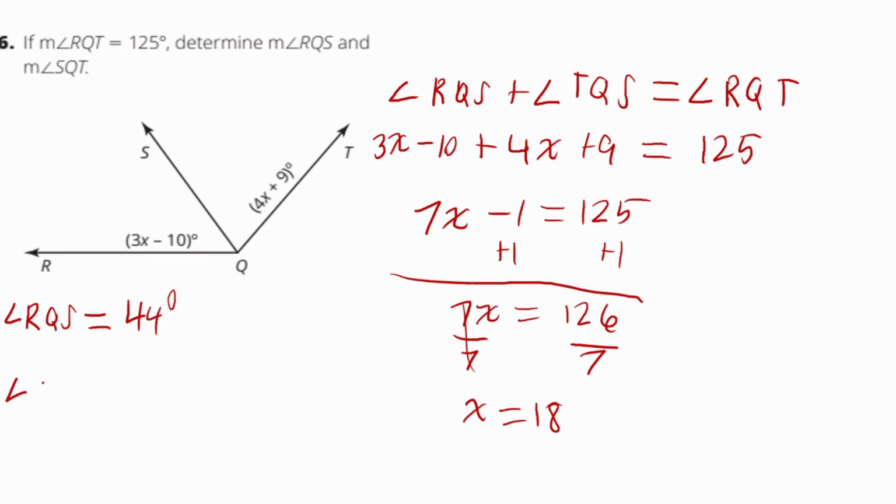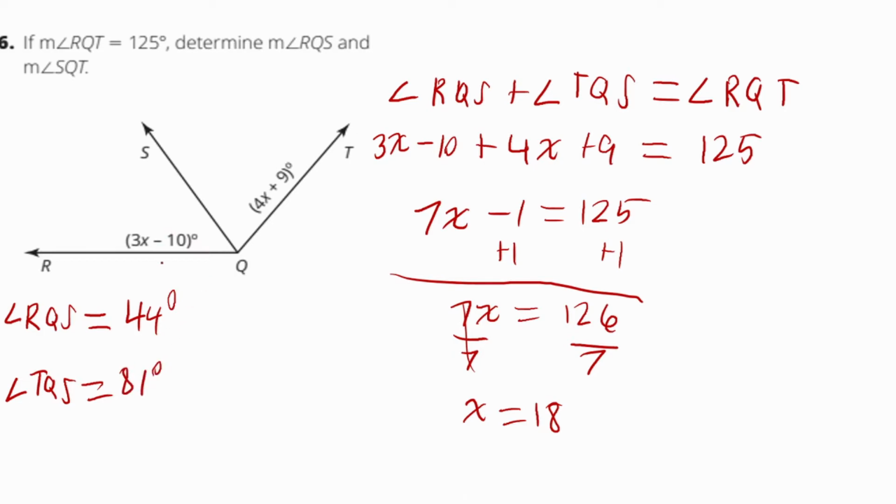And then angle TQS, we say 4 times 18. We get 72. And then we do 72 plus 9, which will give me 81 degrees.